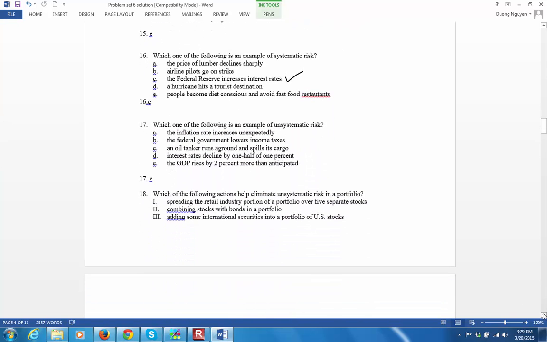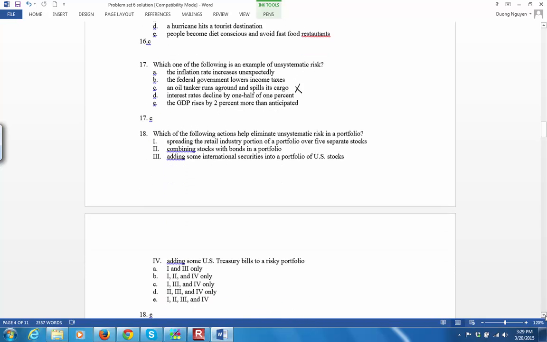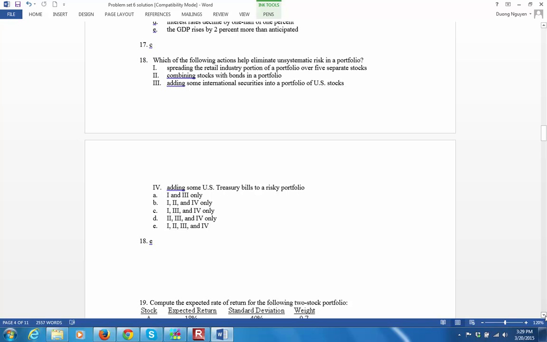Number 17, which one is an example of unsystematic risk? Which one is not systematic? Obviously the federal government is systematic, interest rate is systematic, GDP is systematic. So the only thing left which is not systematic is C. Number 18, which of the following actions will help eliminate unsystematic risk in a portfolio?